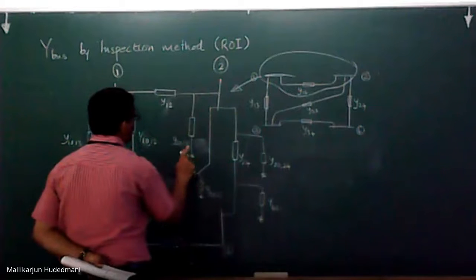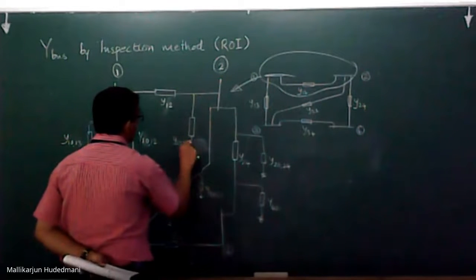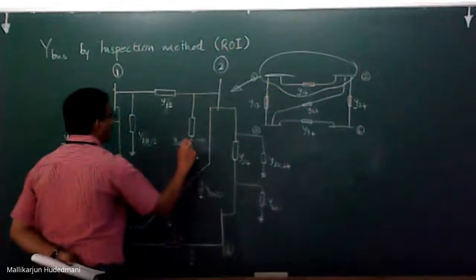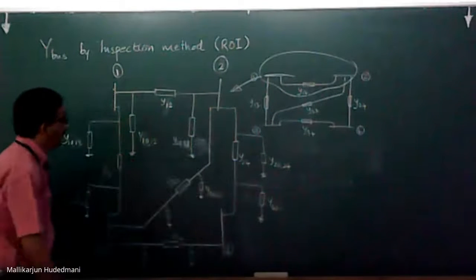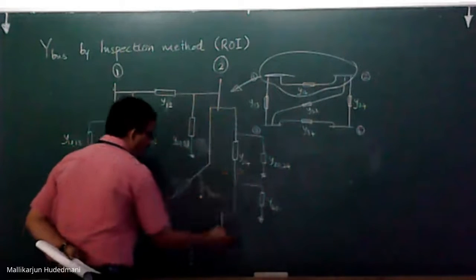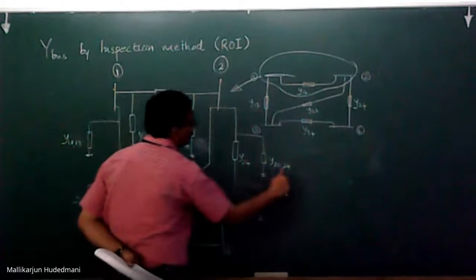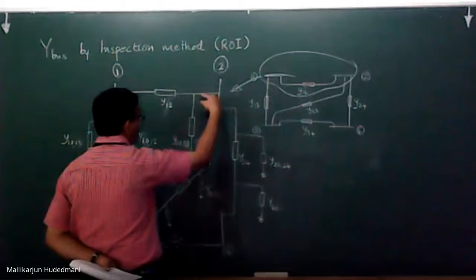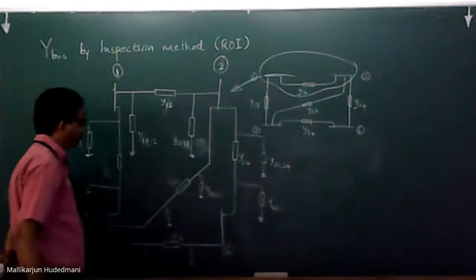Can I write this way? 21. When I have 2 to 1 connection, let me make it very clear. Y20, 2 to 3, Y20 24, Y20 24, Y20 23, Y20 21. I completed bus 2.